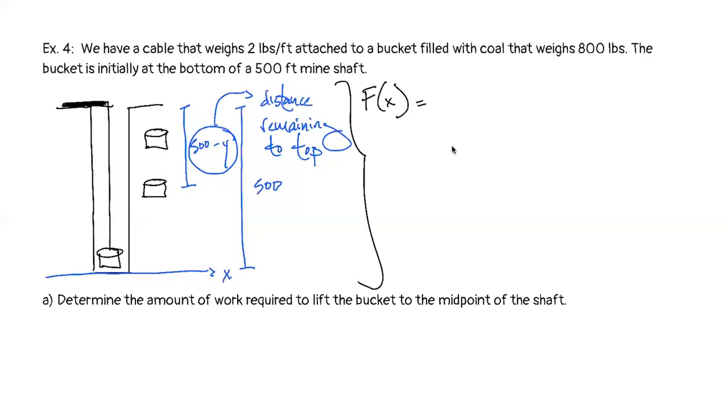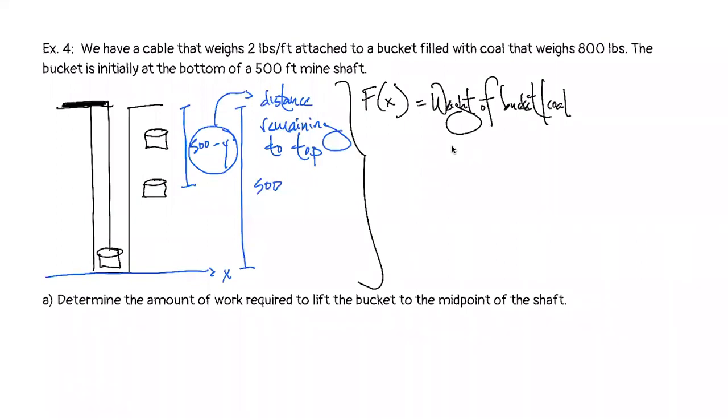Okay, is that constant the whole time, or does it change as you're pulling the bucket up? That's constant. Is it 800 pounds? There are two components here, and between the two of you, you've mentioned both of them. One thing we need to consider is the weight of the bucket and the coal. That weight is the 800 that Sean was talking about.